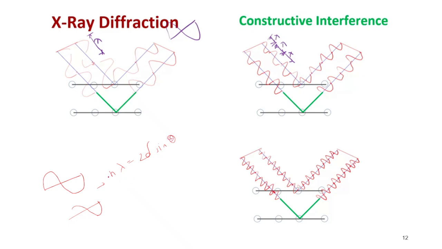If this n, that is the order of diffraction, is of the order 1, 2, 3, 4, etc., as whole numbers, then we usually get an intense peak as output.